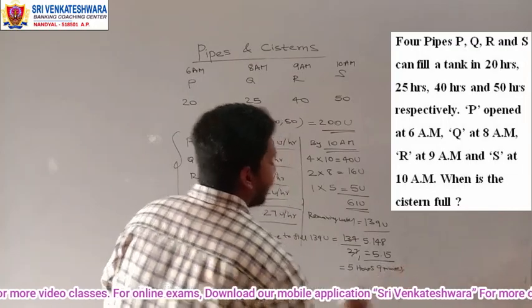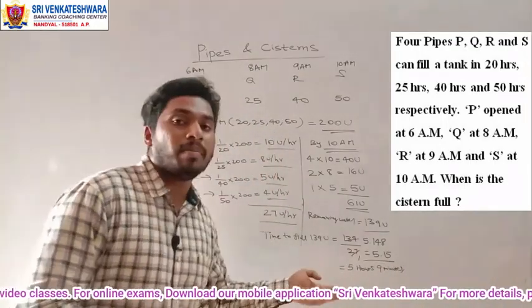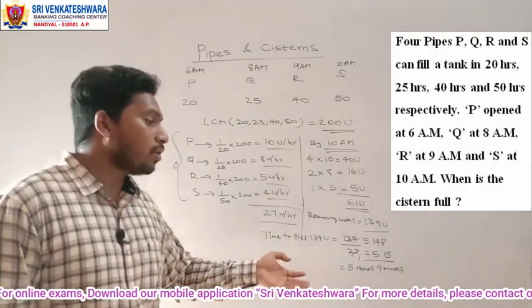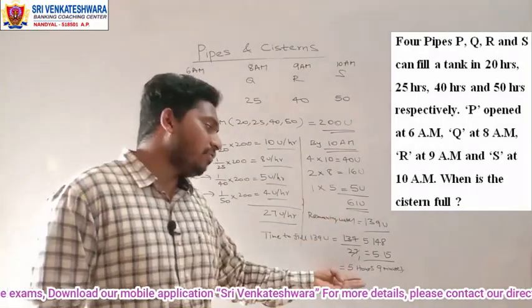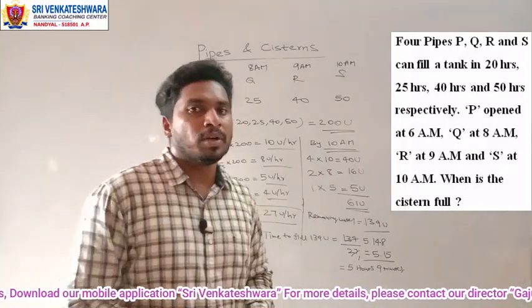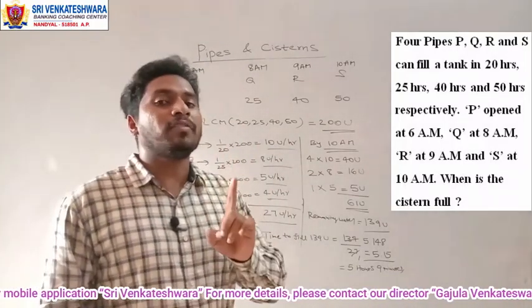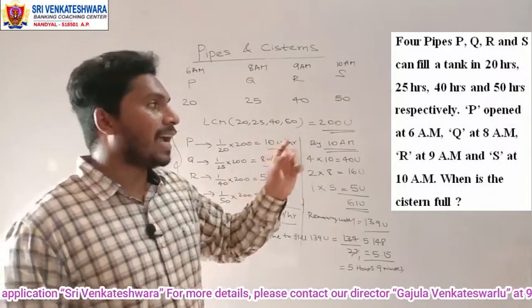It is from what time? It is after 10 a.m. So after 10 a.m. it is taking 5 hours 9 minutes. You just have to add it to 10 a.m. to get the point of time by which the tank will be filled.